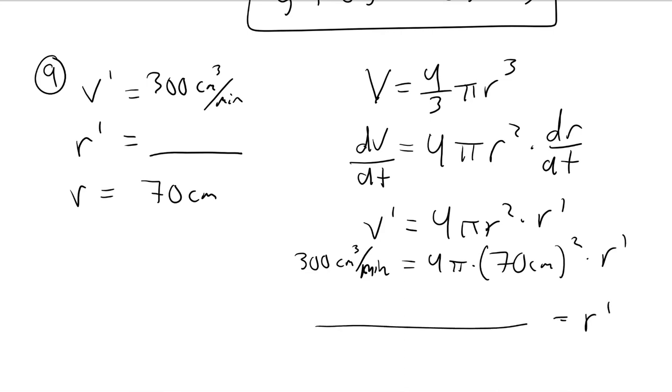So divide both sides by 40 pi times 70 squared centimeters squared.